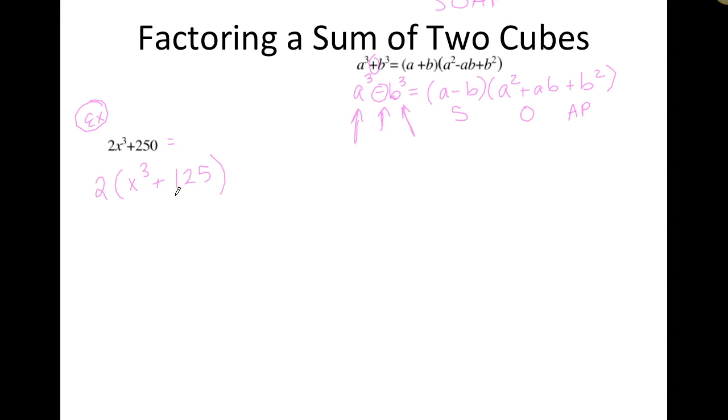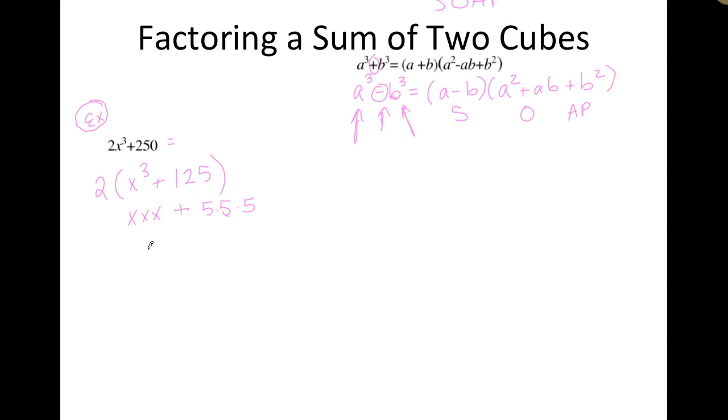Now I can look at this binomial in the parentheses here and recognize that this is a sum of two cubes. And you may say, well, what are the two cubes? X times x times x proves that that is a perfect cube root, plus 5 times 5 times 5 proves that 125 is a perfect cube root.